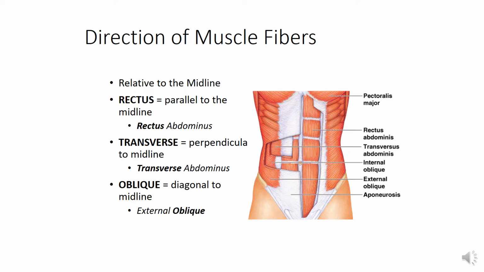The rectus abdominis, the straight muscle, also known as the ab muscles, the abs you make when you build your body, and the transversus abdominis, the innermost muscle in the abdominal wall, whose fibers lie transversely. And then the oblique, diagonal to the midline, with obliquely running fibers.